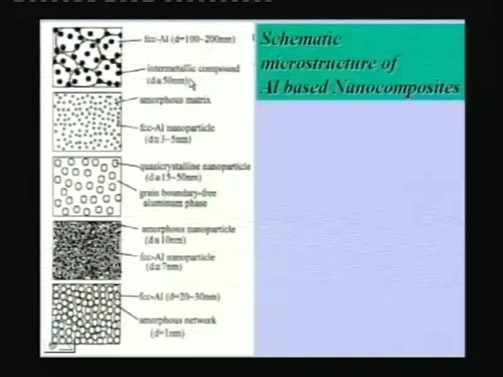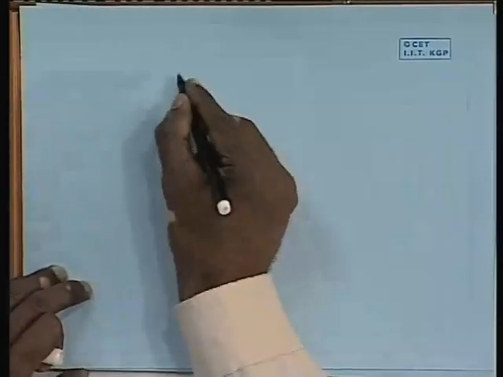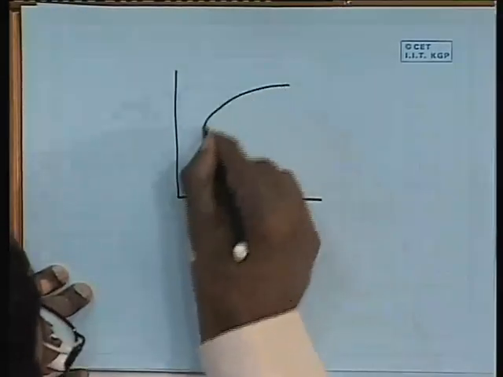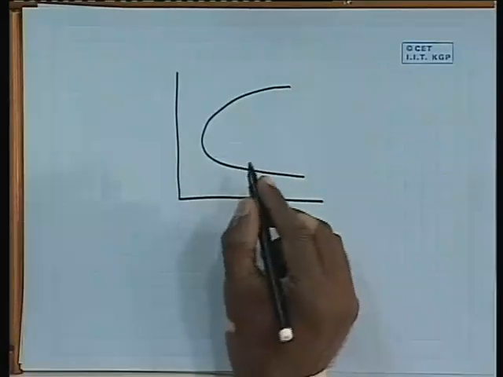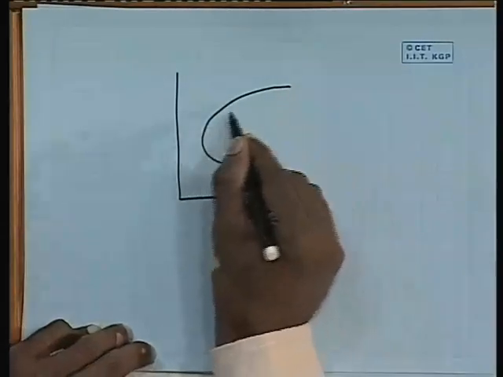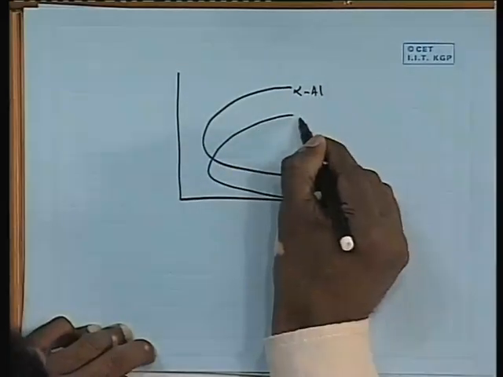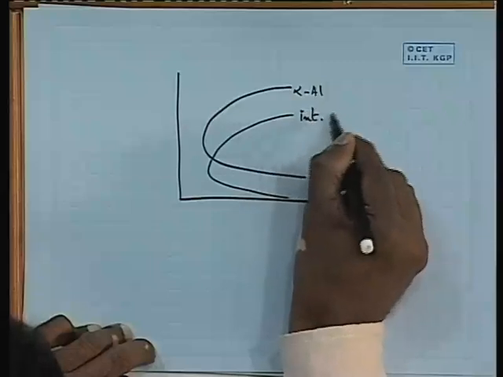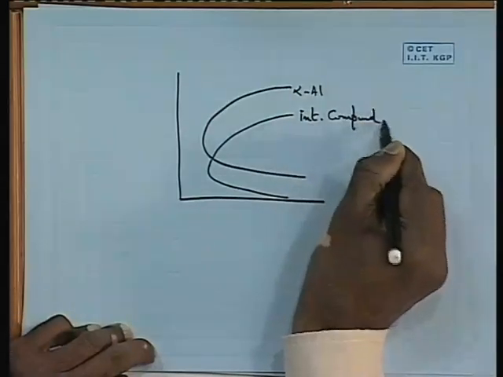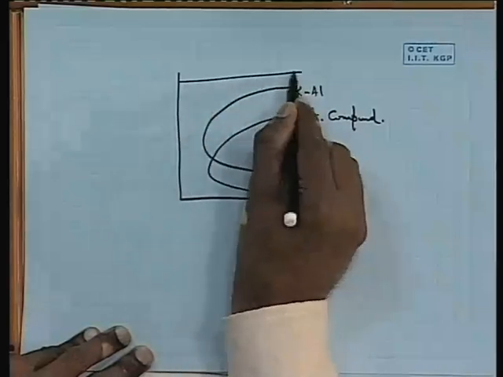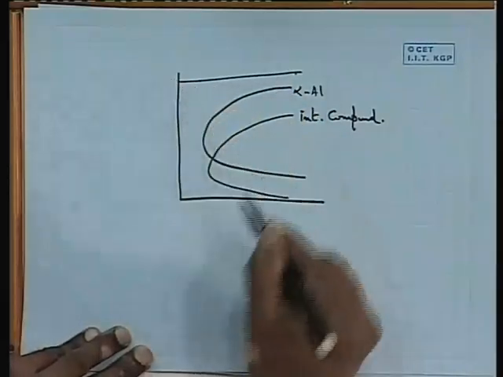One can also do it directly by rapid solidification by choosing a proper combination of cooling rates. For example, if you talk in terms of CCT diagrams or TTT diagrams, if you think of alpha aluminum like this, and if you have another intermetallic compound like this, if you are taking liquid aluminum and then cooling, you can choose a proper cooling rate.